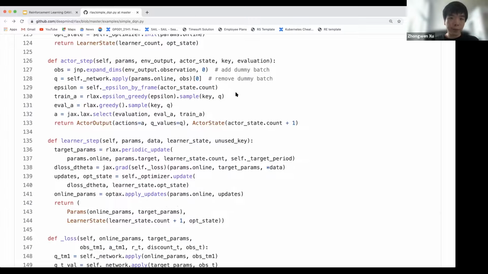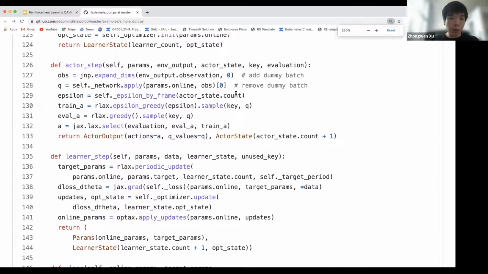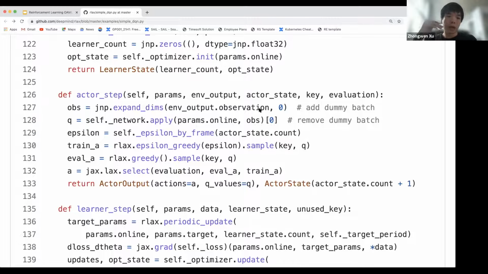For the actor step, which is the acting from the agent, the agent takes the environment output, which is essentially the time step. According to the parameters of the agent itself, the output is the action and the Q values, as you can read from the code. The code is actually quite self-explanatory.